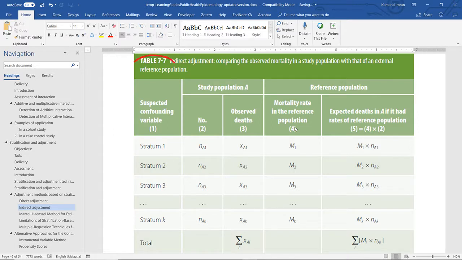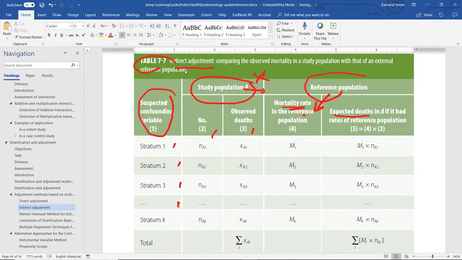So table 7.7 is indirect adjustment. This is the suspected confounding variable, for example, age, so you categorize the age here. Then in the study population, you have the number, then you have the observed deaths. And this is the rate of the reference population, from this population, not from this, not from this.